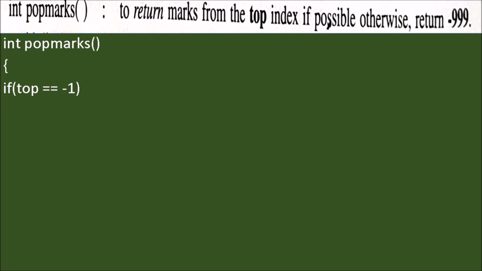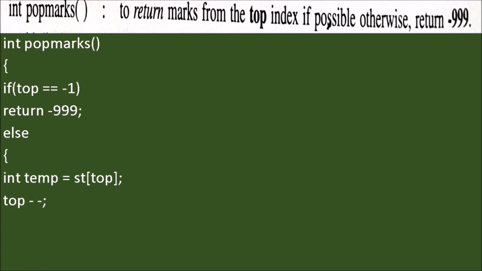If it is empty, we have to return -999 according to the question. So we will write return -999. Else, what we need to do is make one copy of the top index value. So we write int temp equals to st[top], then top minus minus, and at last we return this value with return temp.